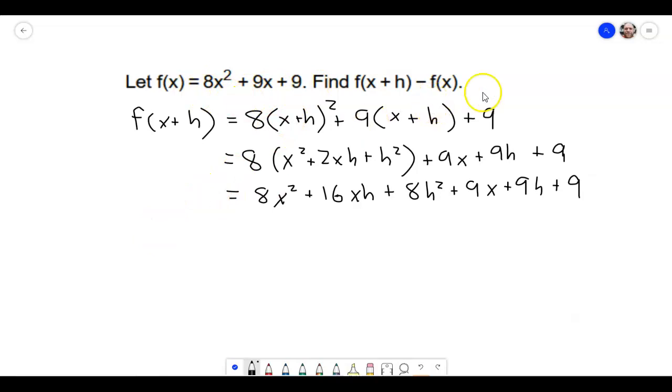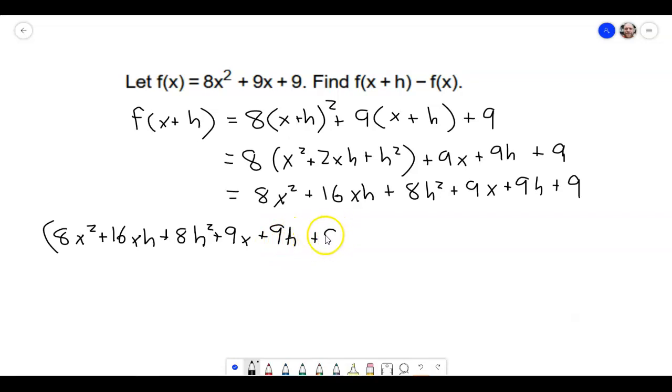So now let's go ahead and do that difference here. So I'm going to have 8x squared plus 16xh. This is the f of x plus h. Plus 8h squared, plus 9x plus 9h plus 9.